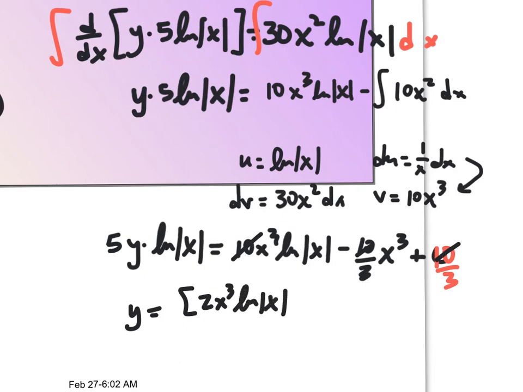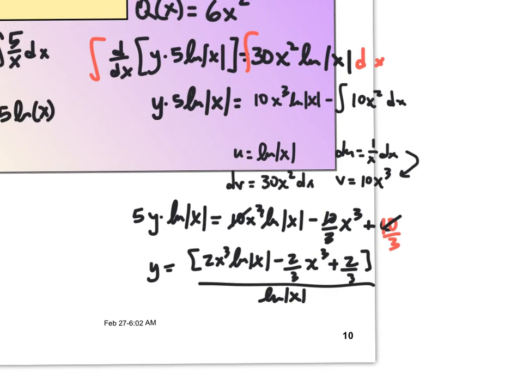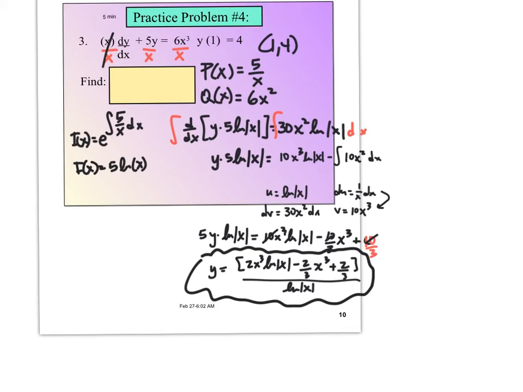This is an ugly one. 2 thirds x cubed plus 2 thirds. And all of that divided by the natural log of x. Whew, that was an ugly one. Alright, but that is the integrating factor. That is the function that gives us this as our derivative way up here.